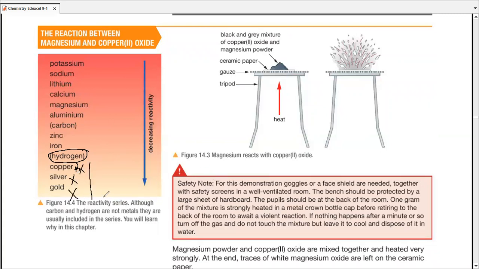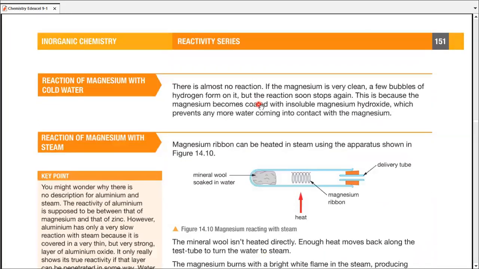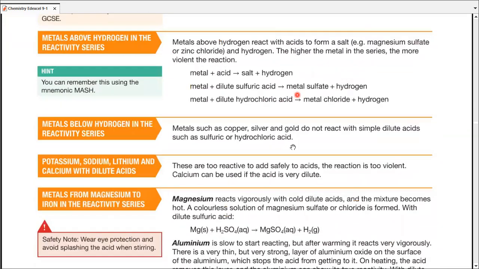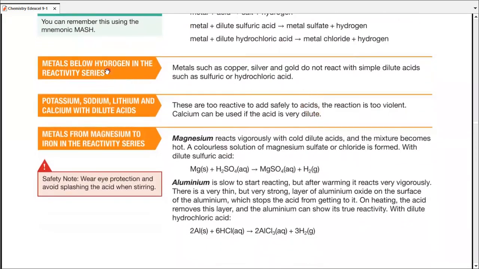Anything below hydrogen will not react with acids and will not produce any hydrogen gas. That's why copper wasn't reacting and gave no temperature change in this reaction. So metals below hydrogen in the reactivity series, copper, silver, gold, do not react with simple dilute acids such as sulfuric or hydrochloric acid. Are we good?